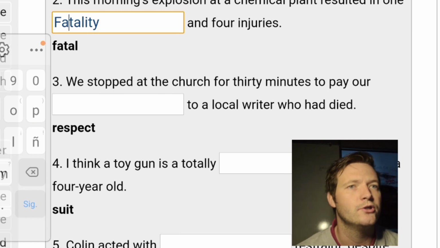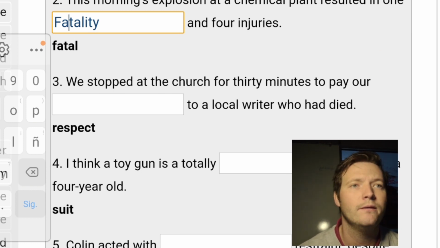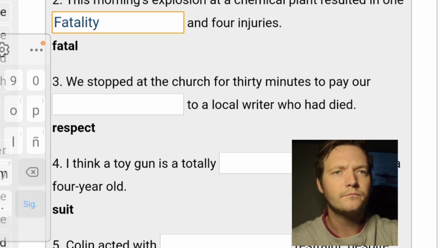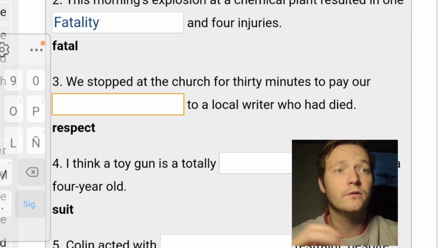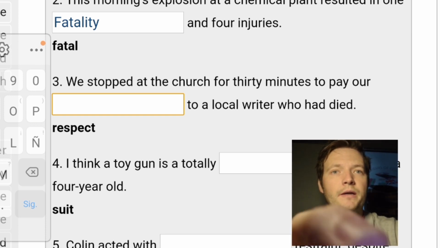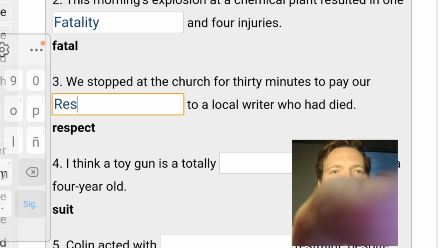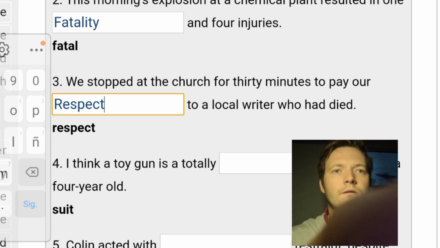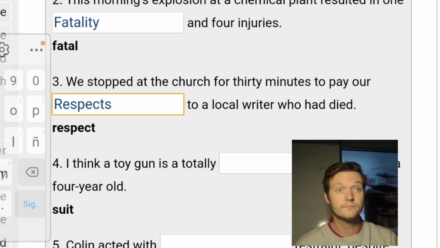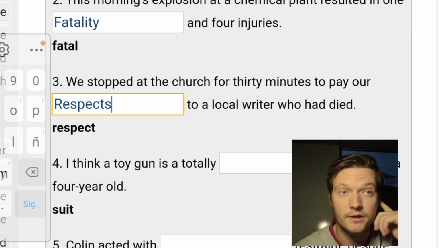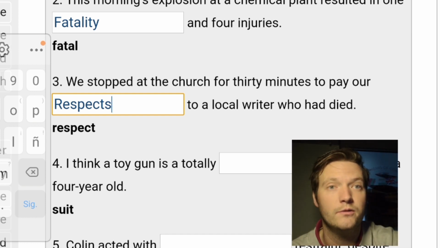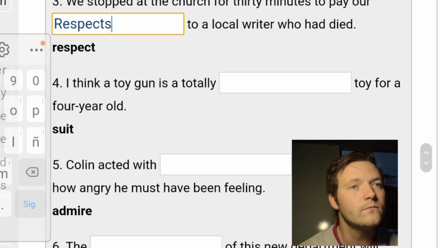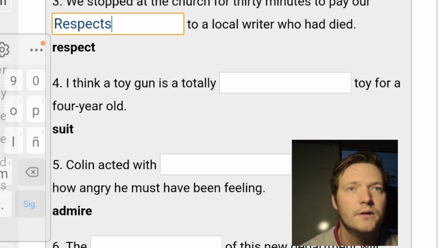We stopped at the church for 30 minutes to pay our respects to a local writer who had died. Yeah, we say to give our condolences, to pay our respects in plural. So again, that problem that you can get sometimes, that the only thing you've got to do is make it plural. To pay our respects.